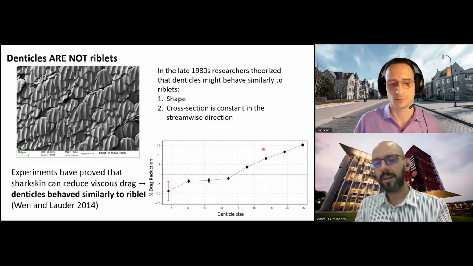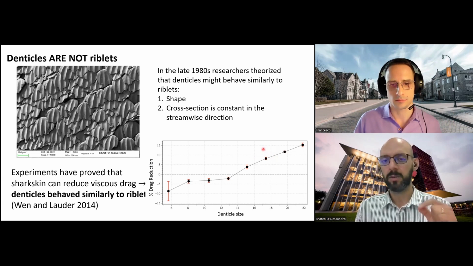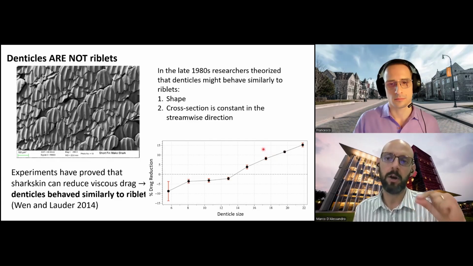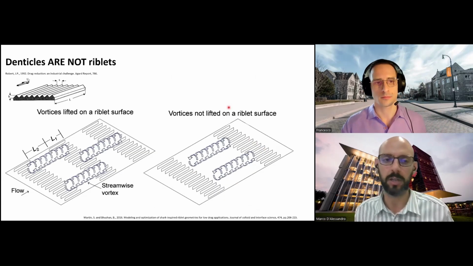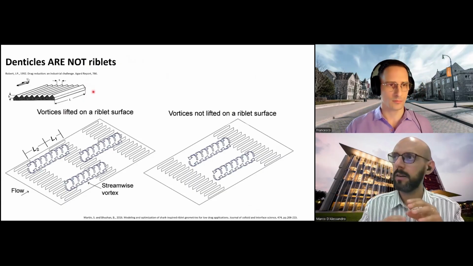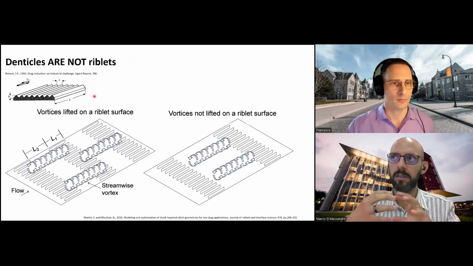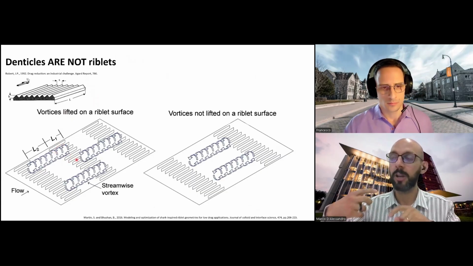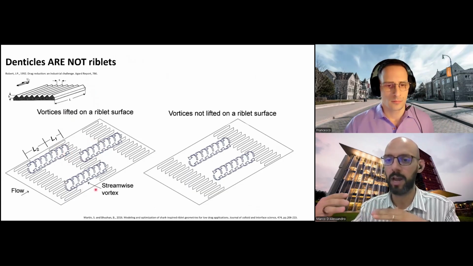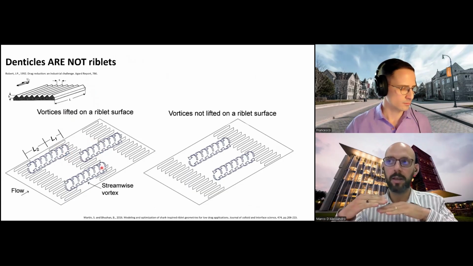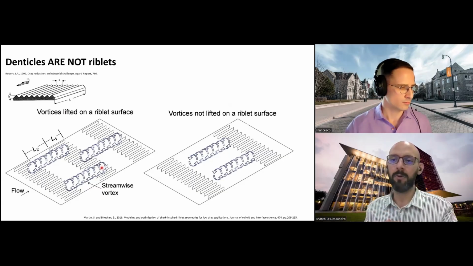And this drag reduction is very interesting because they actually found out the cause, the source of this drag reduction. Basically, researchers found out that there are structures in the flow. There are these vortices that are present in the flow and that are strictly connected to the friction drag. And they found out that the riblets raise these vortices.